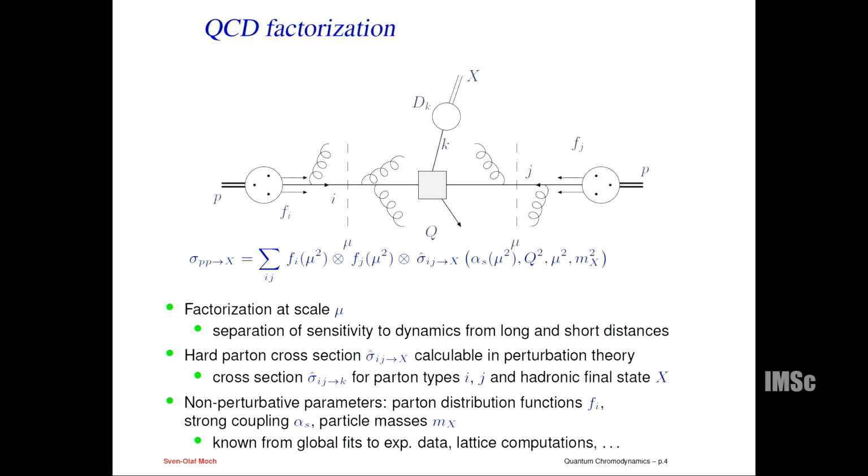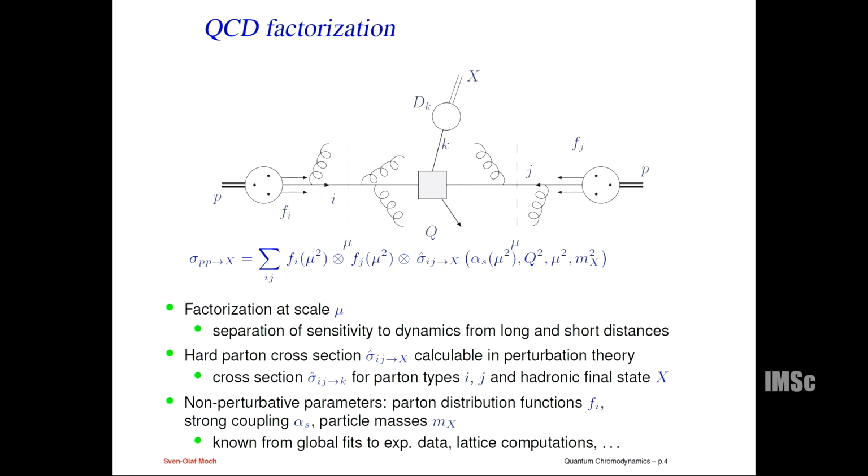To be more specific, if we apply this QCD factorization and implement it for the LHC, then we get a picture like this. We have our two incoming protons, one proton coming from the left, one coming from the right. Then we pull out a parton i out of each proton, so parton i here and parton j there.